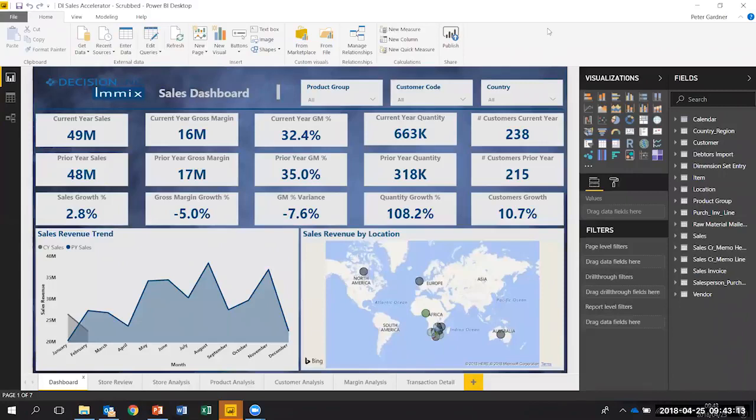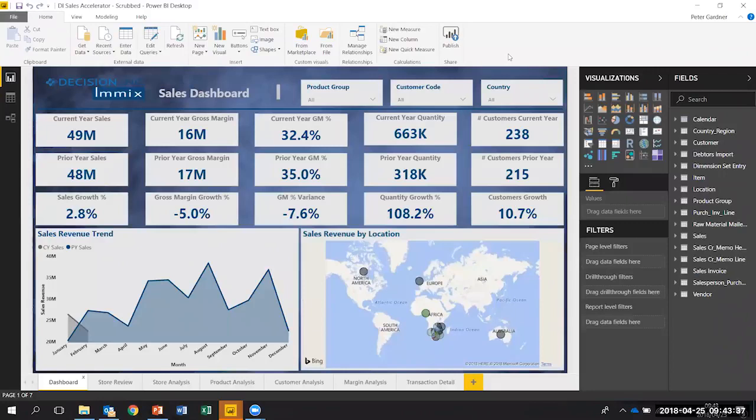We have built the solution to plug into any instance of Navision. So if you're running Navision at your company and you would like these accelerators that I'm about to demo today, we could come in and install them on your premises, plug them directly into Nav, and with a very short turnaround time, you could have these BI solutions working in your company.